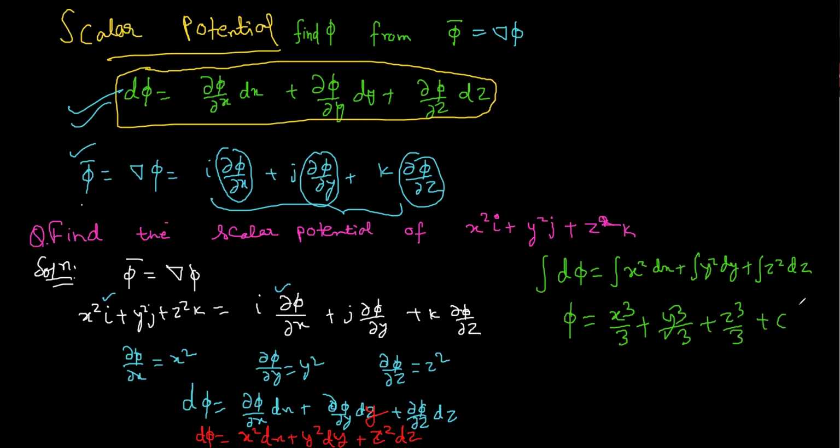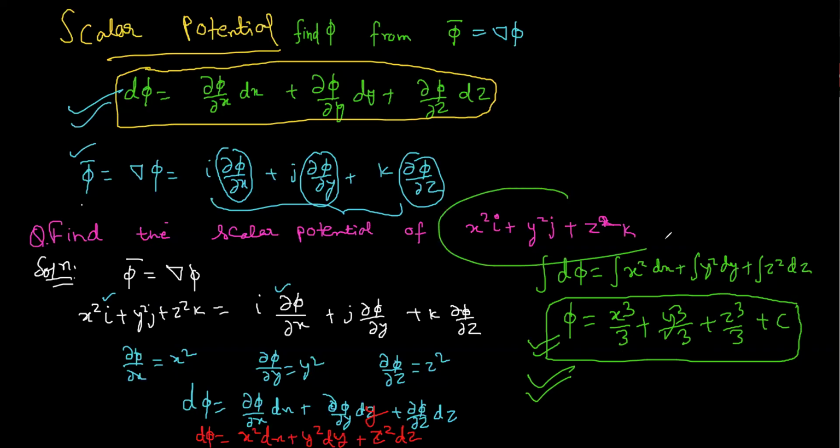Always add one constant. This is your scalar function. Understood? Yes. So now when you find the gradient of this, you will get this vector. Understood? Yes.